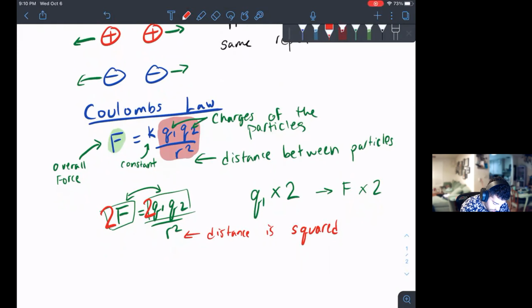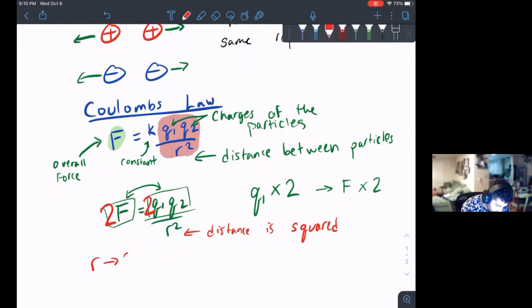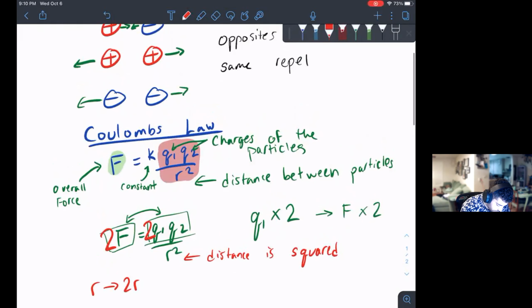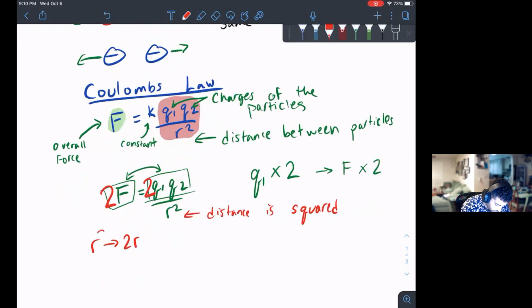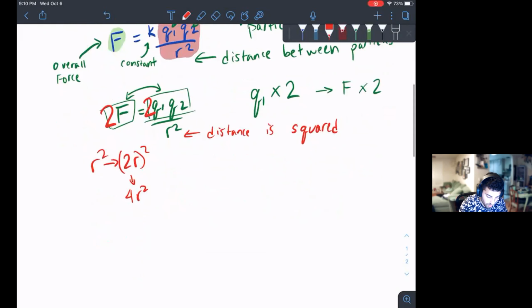So if R now becomes 2R, what was once R squared is now 2R squared, which is 4R squared. So force, instead of being divided by 2, even though distance doubled, the force is 1/4. So I'm just going to show this real quick.